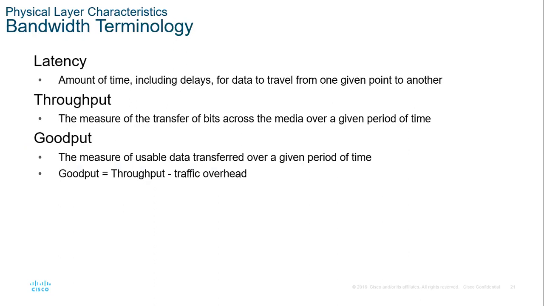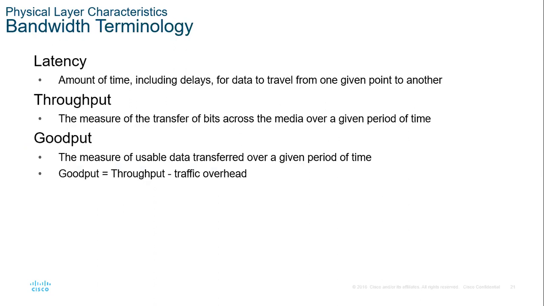Bandwidth terminology. Different bandwidth terminology are there, like latency, throughput, output, etc. Latency is the amount of time, including delays, for data to travel from one given point to another point. While transmitting a data packet from one node to another node, the time of delay is called latency.